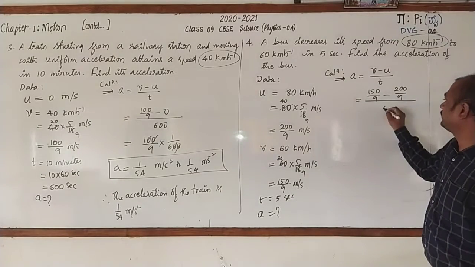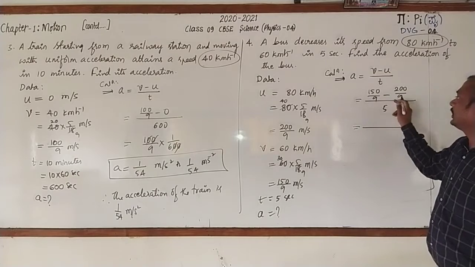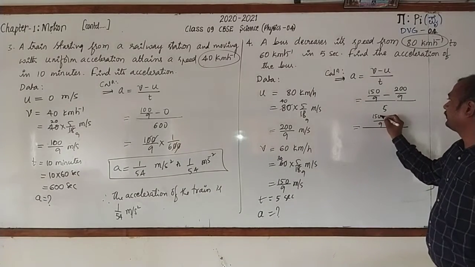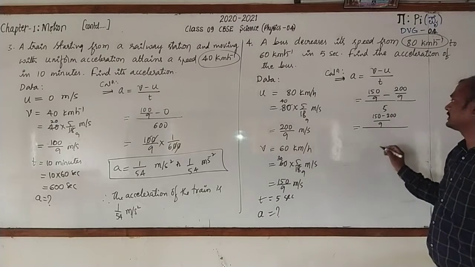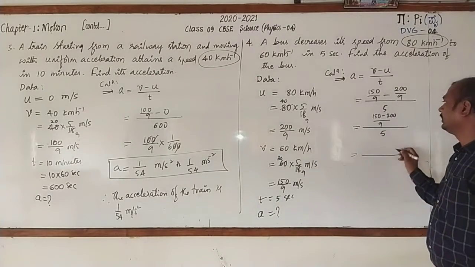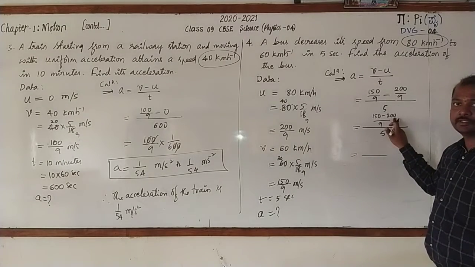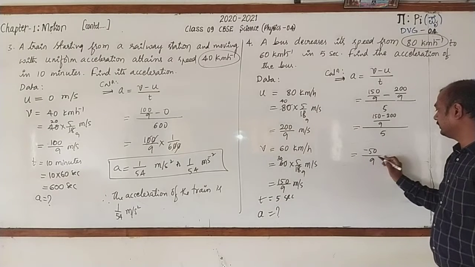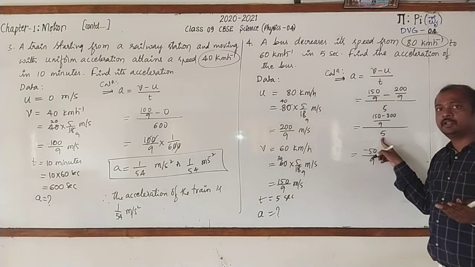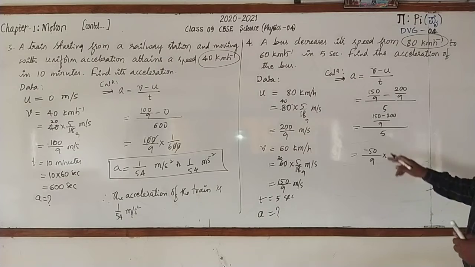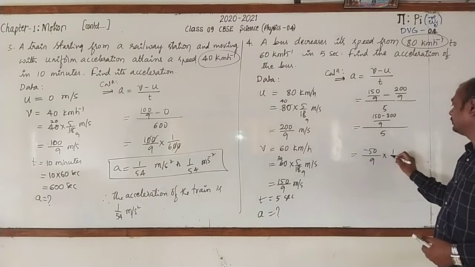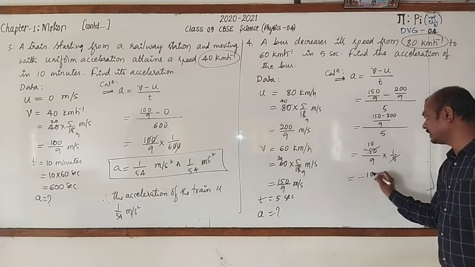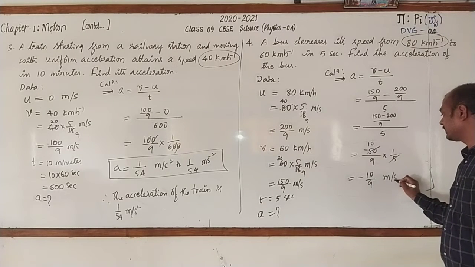Time is 5 seconds. It is equal to, what is the LCM? 9. Then take 150 minus 200. You can keep that as it is. Divided by 5. 150 minus 200 is minus 50, divided by 9. In the denominator, 5 is there. You can go for taking the reciprocal. What is the reciprocal of 5? It is 1 by 5. Now you can cancel. 1s are 10s are. So minus 10 by 9 meter per second square.